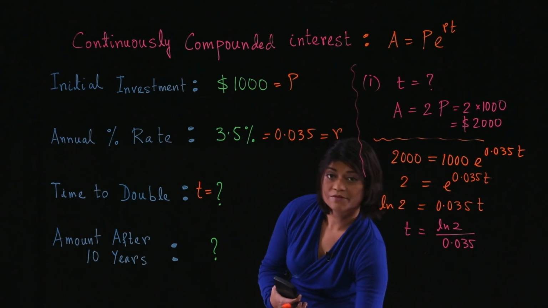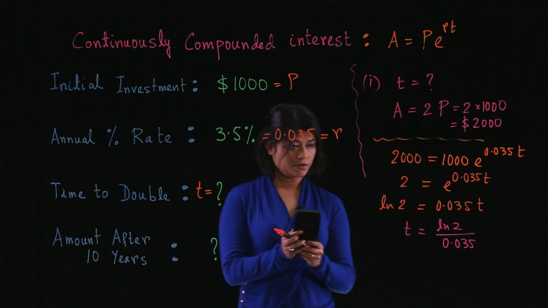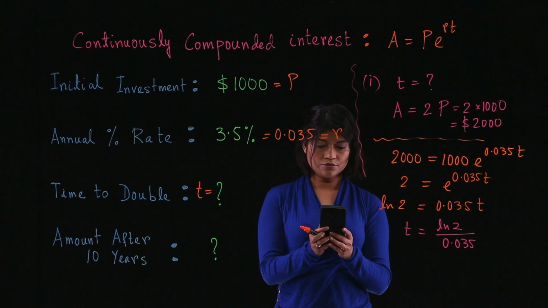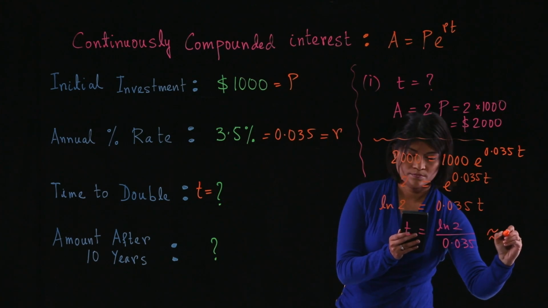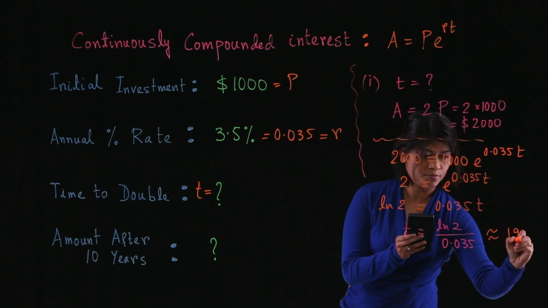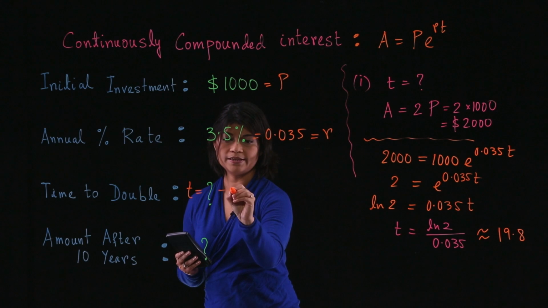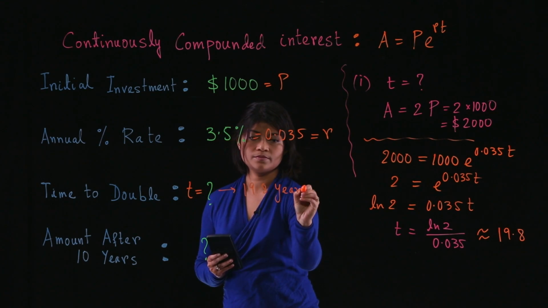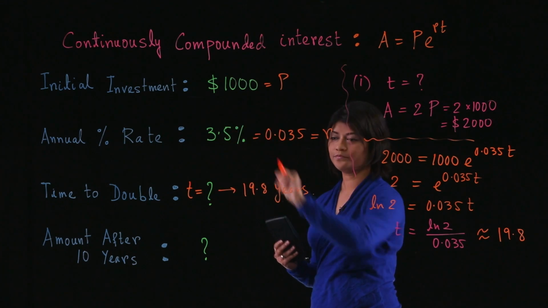Let's use a calculator and figure out what is t. Natural log of 2 divided by 0.035 is about 19.8, which means the time to double is 19.8 years.